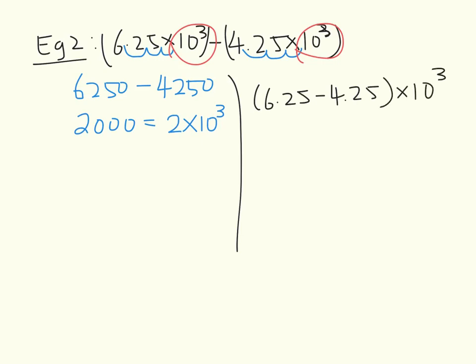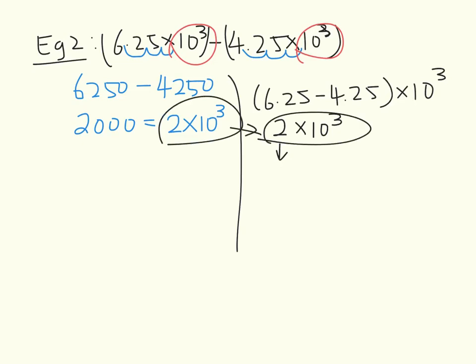From here, 6.25 minus 4.25, and you end up with 2 times 10 to the third. Very nicely, the coefficient here is greater than or equal to 1 and less than 10, so this is already in scientific notation. We got the answer, and you can see that this is the same answer as we got on the left-hand side. Now let's look at example 3.